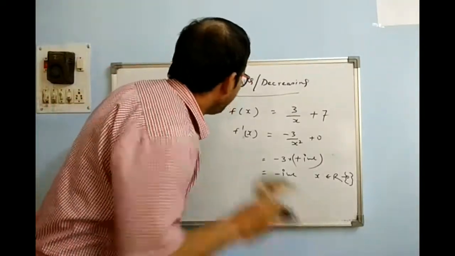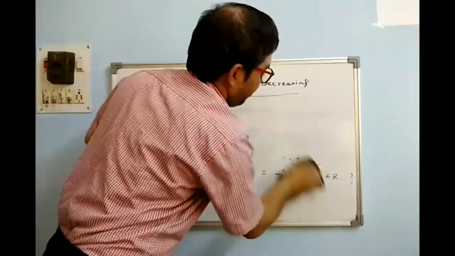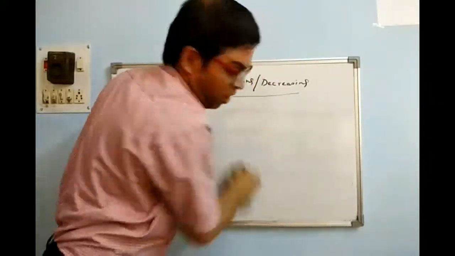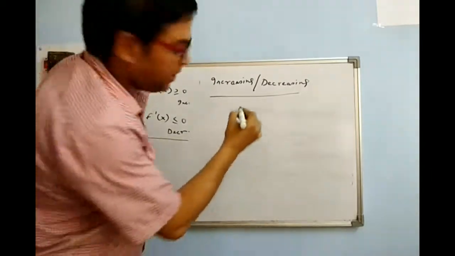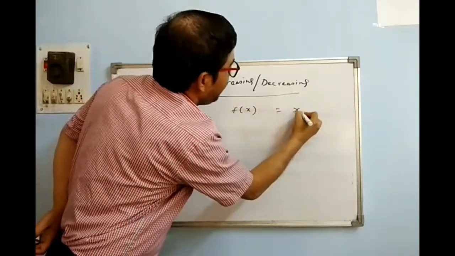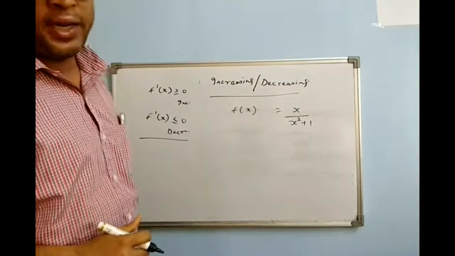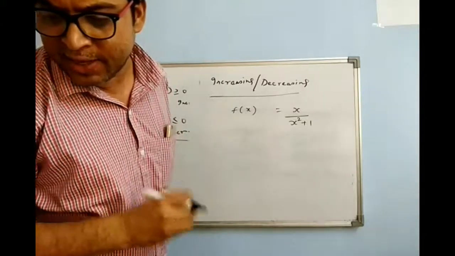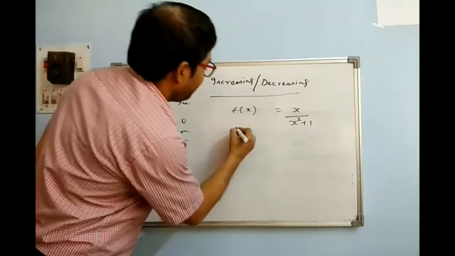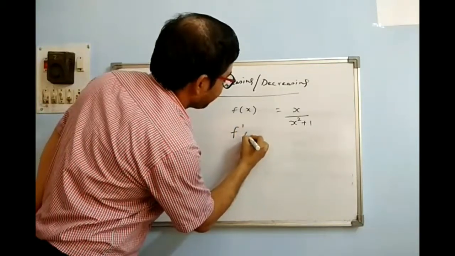One more example I am going to take to check the interval where it is positive or negative. It is f x is equal to x by x square plus 1. Firstly I have to find f dash x to determine the points of increasing or decreasing.